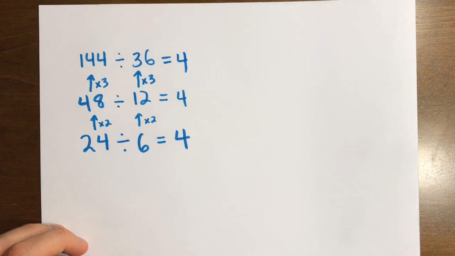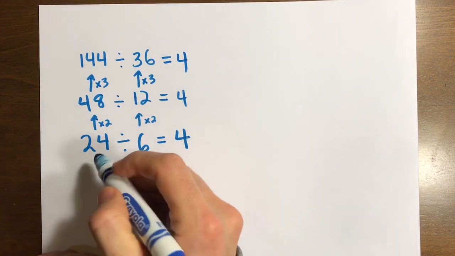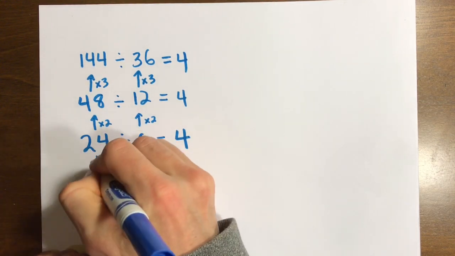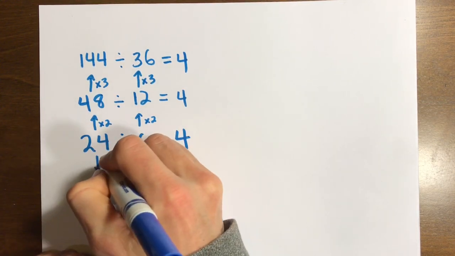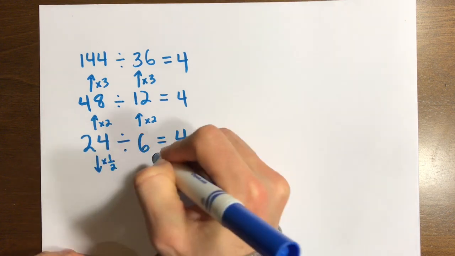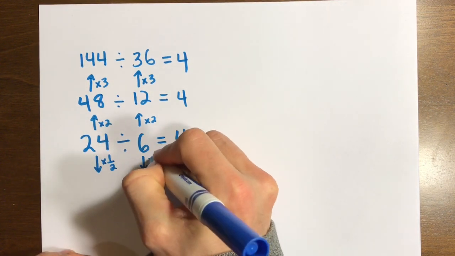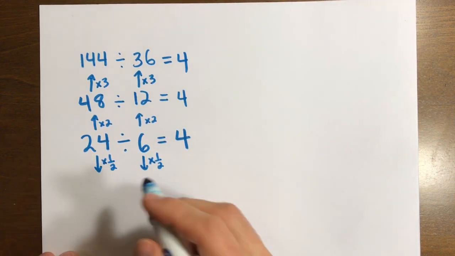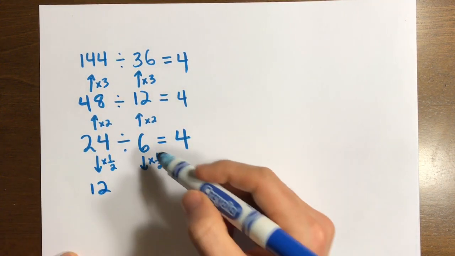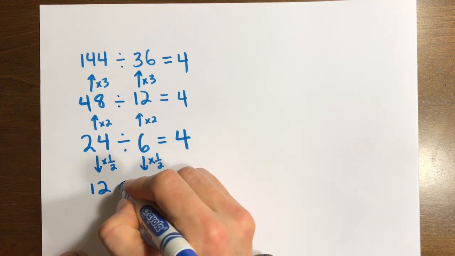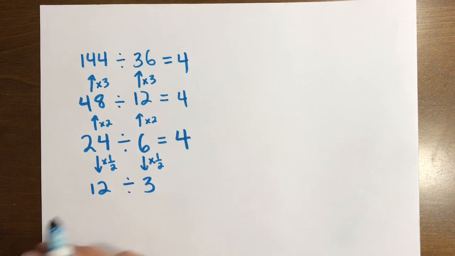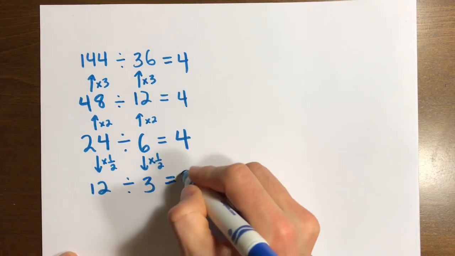Even cooler, it works multiplying by fractions as well. So let's go back to the original 24 divided by 6, and now let's multiply both by 1/2. 24 times 1/2 is 12. And 6 times 1/2 is 3. 12 divided by 3, still 4.